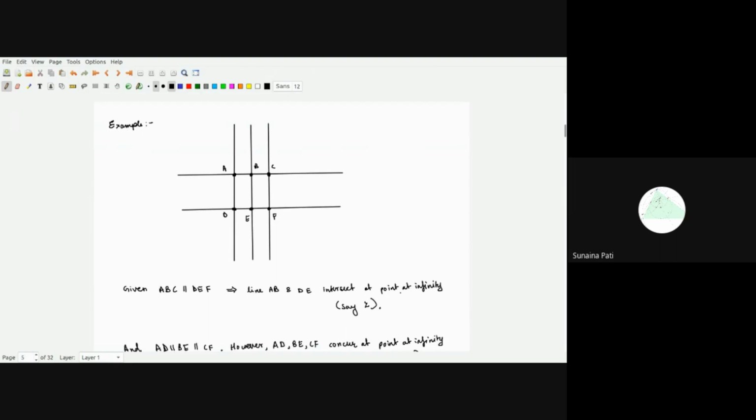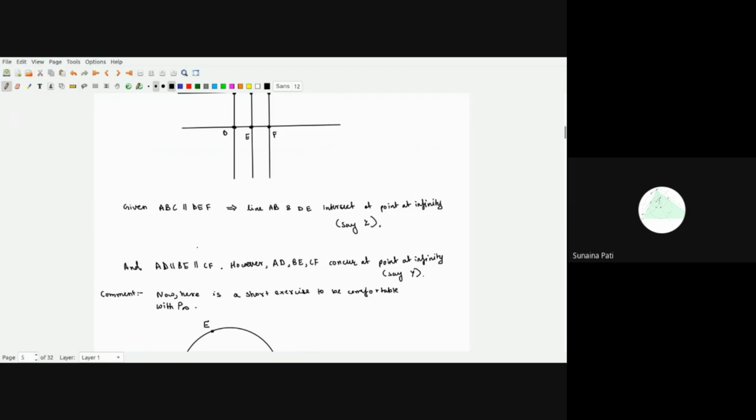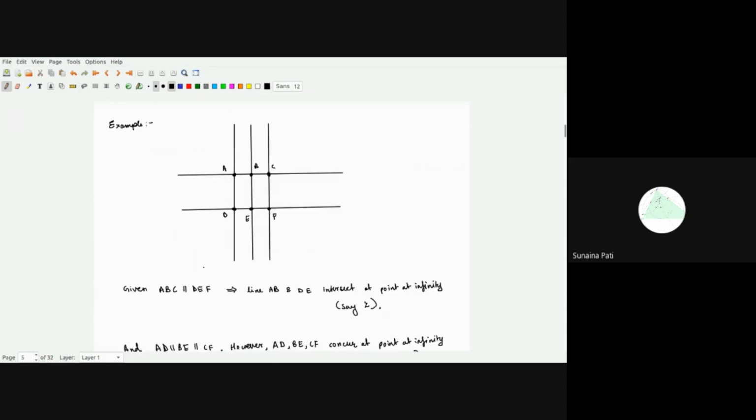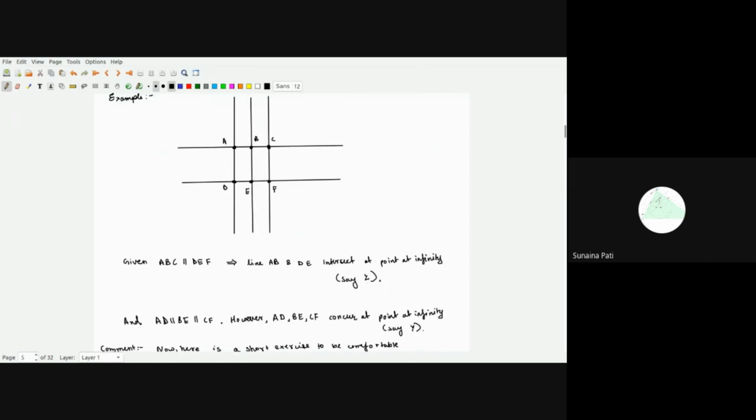So ABC is parallel to DEF, and they intersect at a point at infinity Z. And AD, BE, CF are parallel to each other, and in the Euclidean plane we would define them as non-intersecting lines. However, in the projective plane they do concur at a point at infinity called say Y. Now this point at infinity and that point at infinity are two different points at infinity because they're different classes of parallel lines.